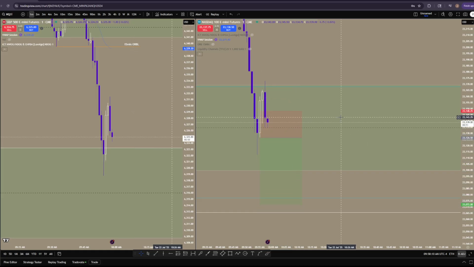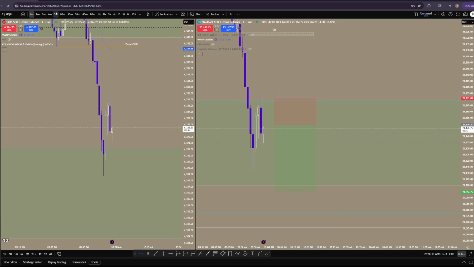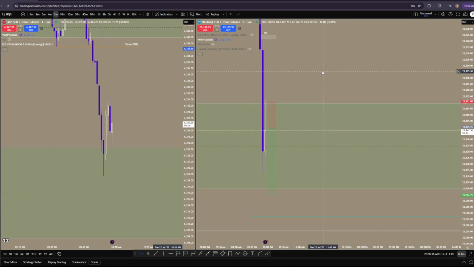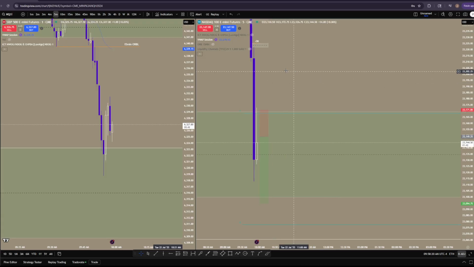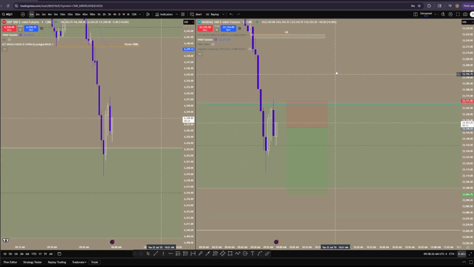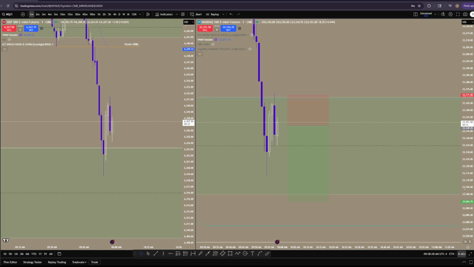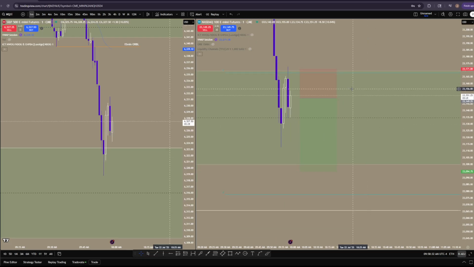I will say shorts are looking good. We are about 2 minutes away from our new hourly, so it would be nice to see the new hourly open push us back up into a bearish fair value gap on the 5-minute, and then look for the shorts back down to that 23,100 area.